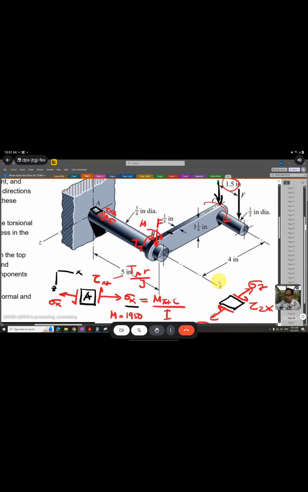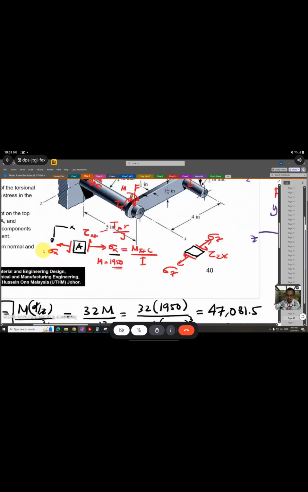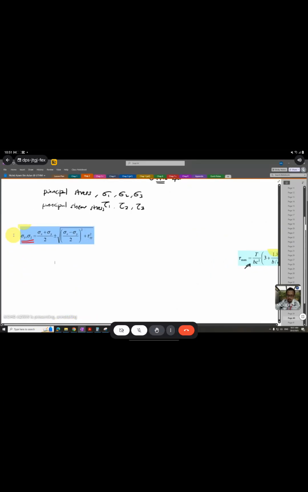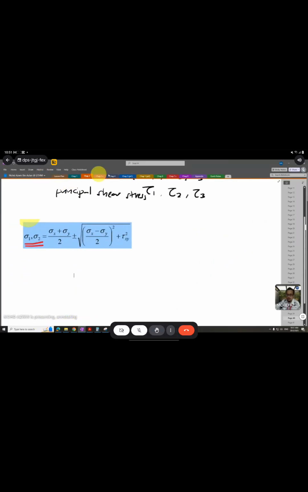So we have axis x and axis z, and we don't have any y direction. So you need to change the formula a little bit: for y, you change to z direction, so tau xz.